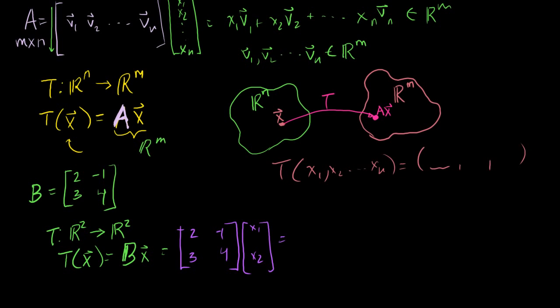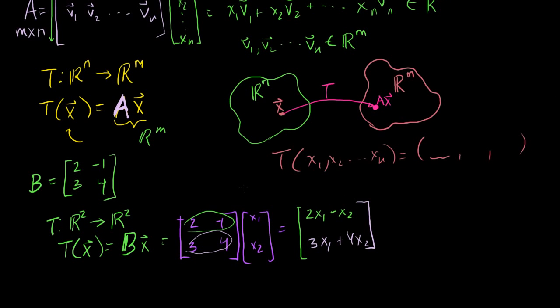So this equals another vector in the codomain R2, where the first term is 2 times x1 plus minus 1 times x2, or minus x2. I'm just using the definition of matrix vector multiplication. That's that row times our vector. And then the second row times that vector, we get 3 times x1 plus 4 times x2. So this is what we might be more familiar with.